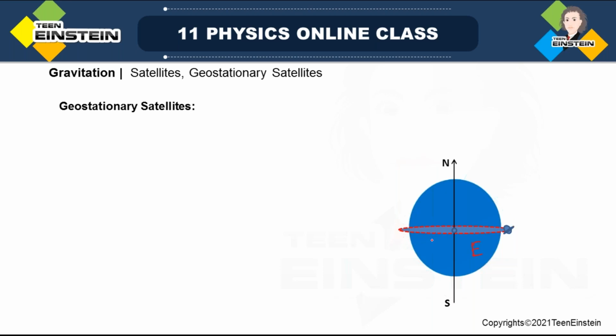When a satellite is revolving around the earth, it can revolve in any arbitrary orbit like this or like this. It can orbit around the earth in any plane. Okay, so satellite can revolve around in any direction.